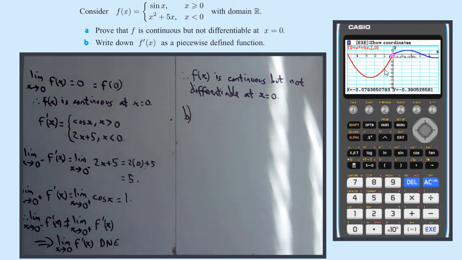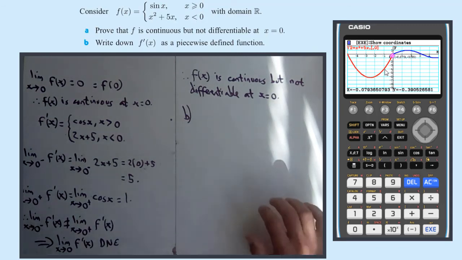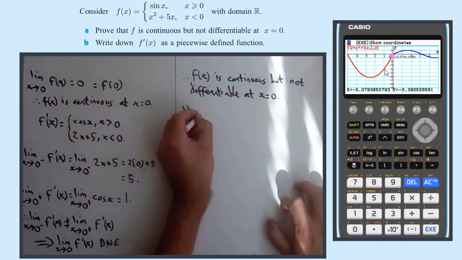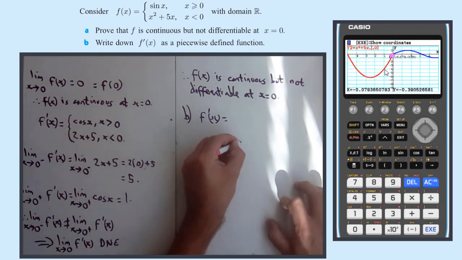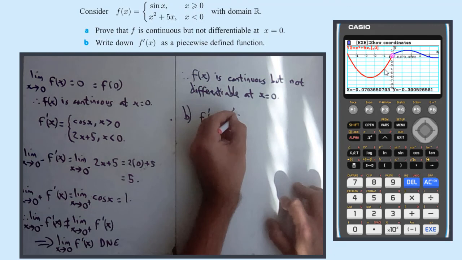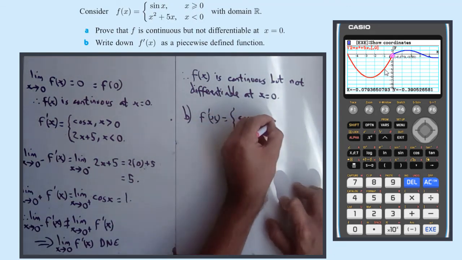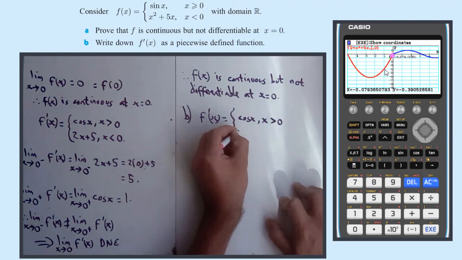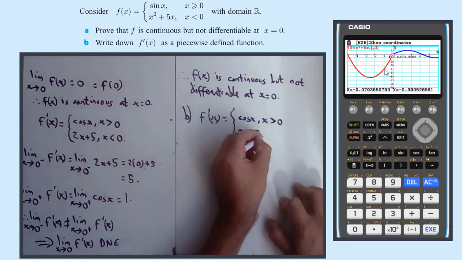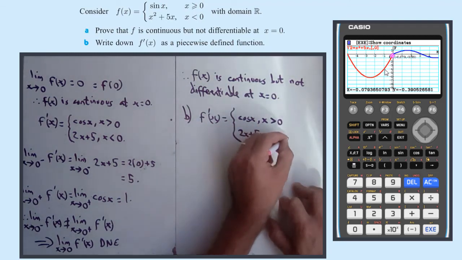So actually, the derivative as a piecewise function is completely undefined when x equals 0. So the piecewise function for the derivative, f dash x equals, have your nice curly bracket, and it equals cos x when x is greater than 0, and it equals 2x plus 5 when x is less than 0.